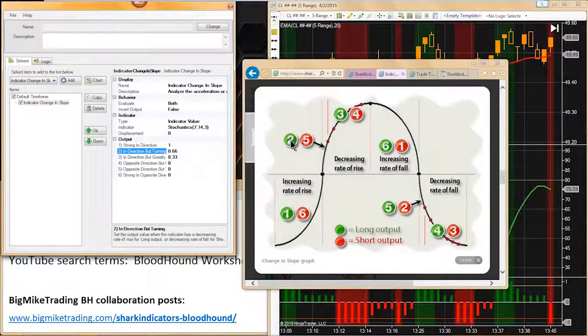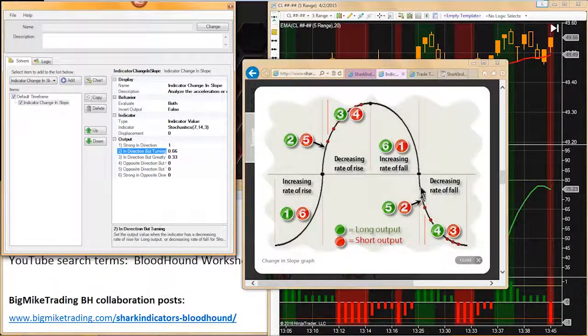Now, number 2 only refers to the first bar as the slope begins to decrease, as the slope begins to flatten out. Number 2 refers to only the first bar of that flattening period.